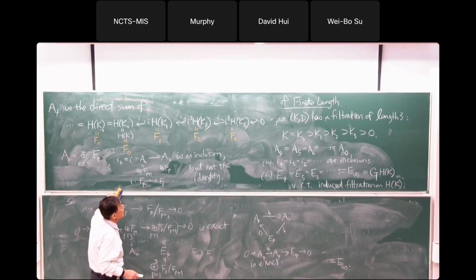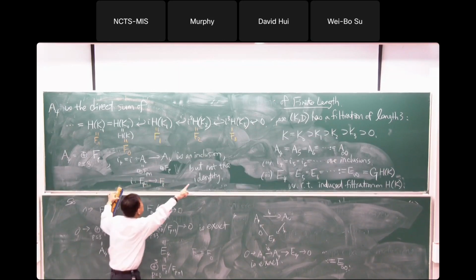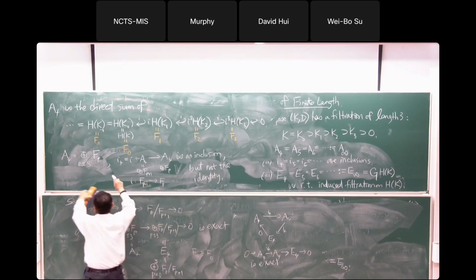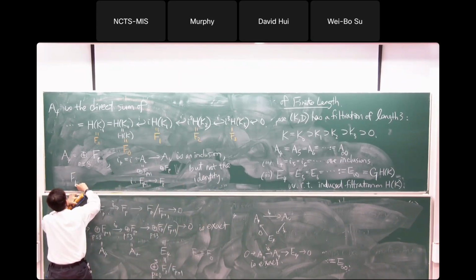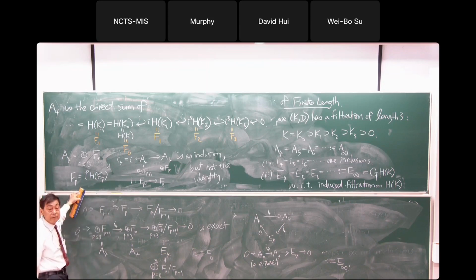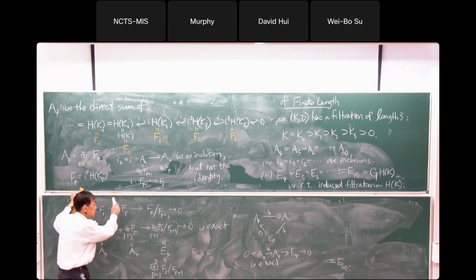Because in general, you see that f of p is I to the p of H of K of p. That was the definition of the induced filtration.